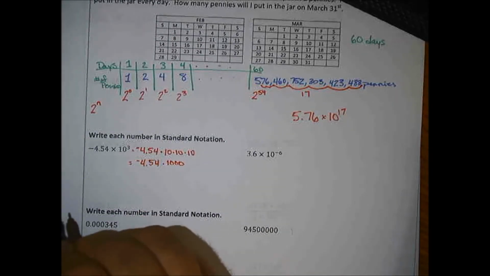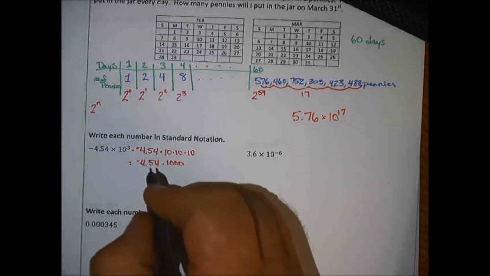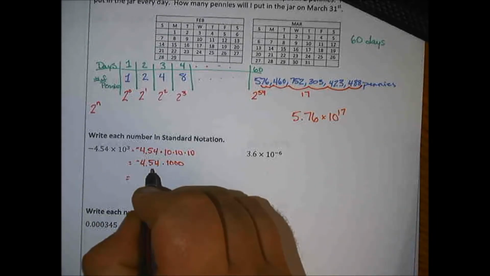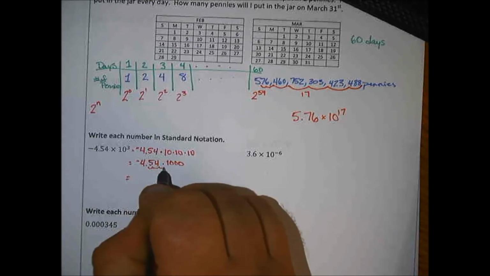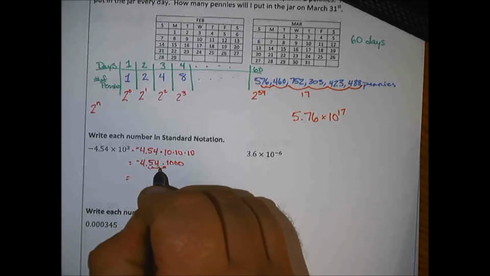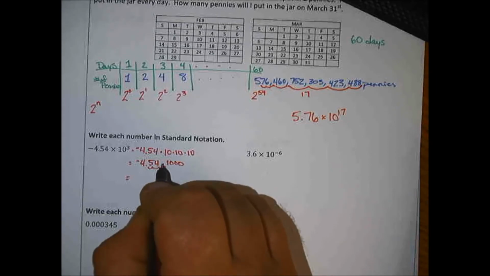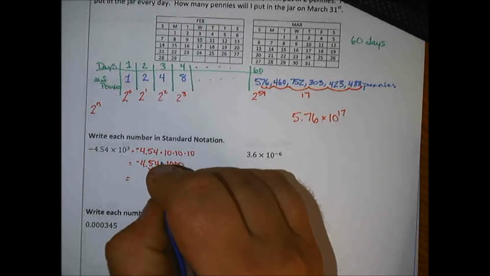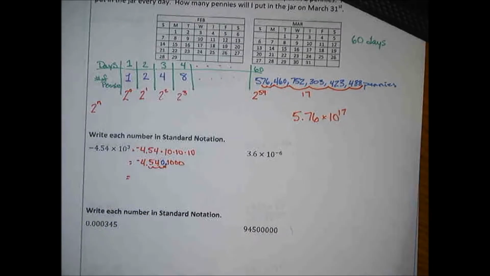Okay? Now, if I multiply that by 1,000, that's the same thing as moving the decimal 3 times. Okay? So we're going to be moving that decimal 3 times. 4.54, moved it 3 times. We have to add a 0 in there. I'm going to use a different color so you can actually see it. But we have to add a 0 in there and put the decimal right there.